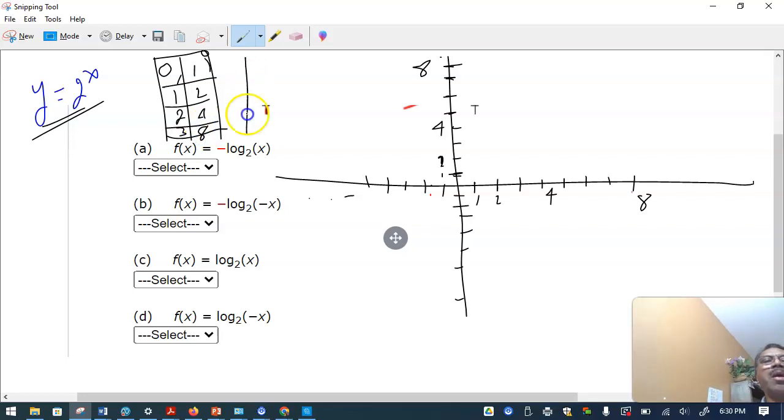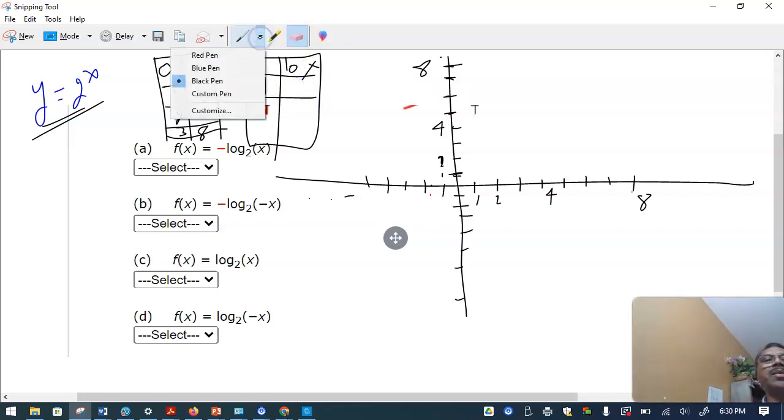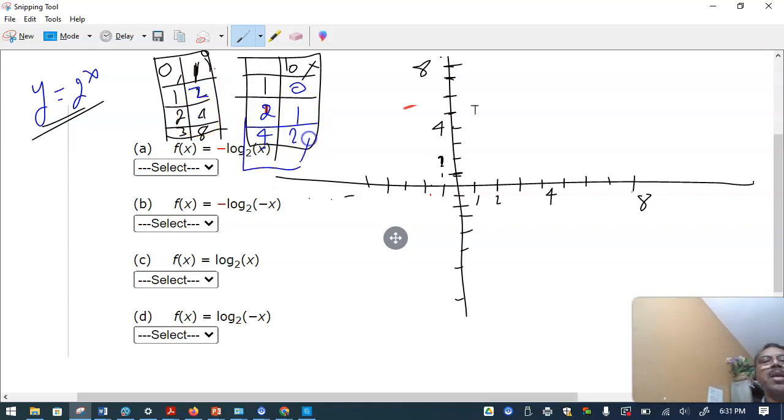Now the logarithmic function, logarithm to the base 2 of x: 1 becomes 0, 2 becomes 1, 4 becomes 2, and 8 becomes 3.